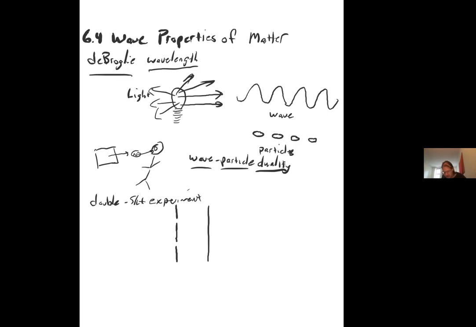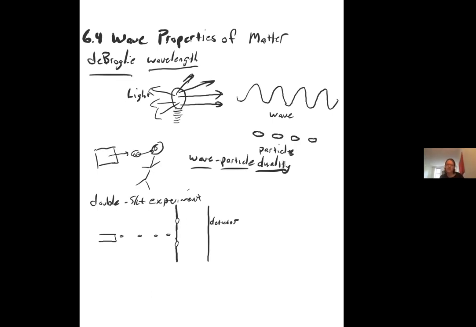So this is a detector back here, a detector plate. In those days, they used photographic film. So they did it in a dark room and they had a photographic film. And then these little openings, these little orifices, are called slits. So what they did was they just had a little gun that shoots electrons. So boom, boom, boom, boom.